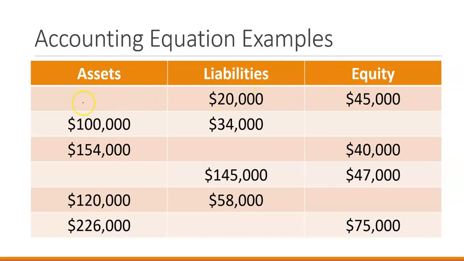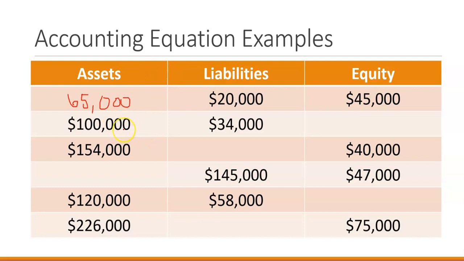Here, liabilities are 20,000 and equity is 45,000. We add those together and that means our assets have to be 65,000. And please forgive my writing here. It's not great using the computer.